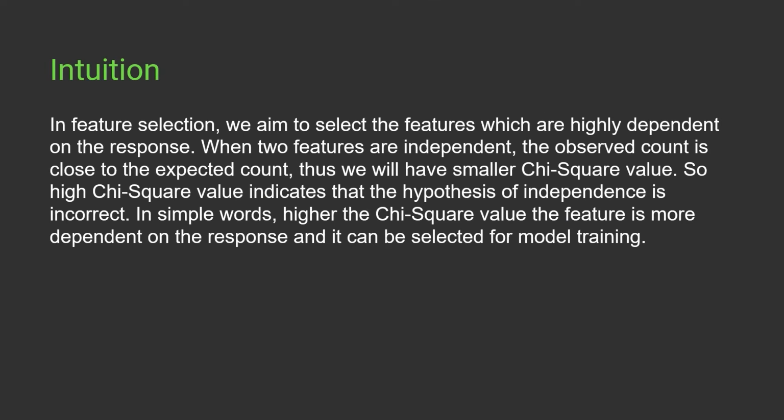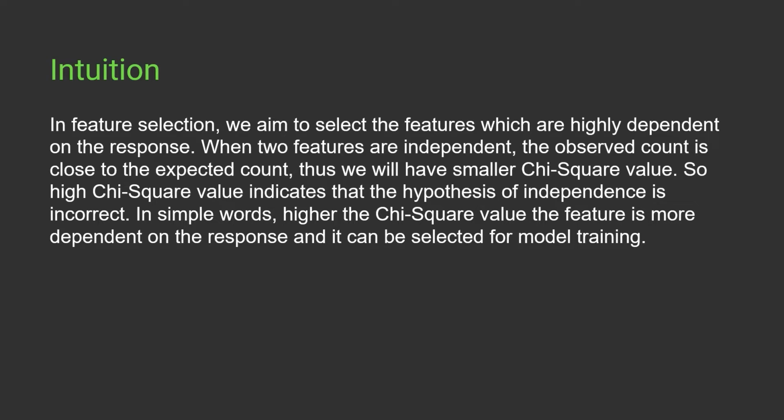In feature selection, the main aim is that we want highly dependent features. By highly dependent, it means there should be high dependence between the feature and the expected outcome. When two features are independent, the observed value is close to the expected count.